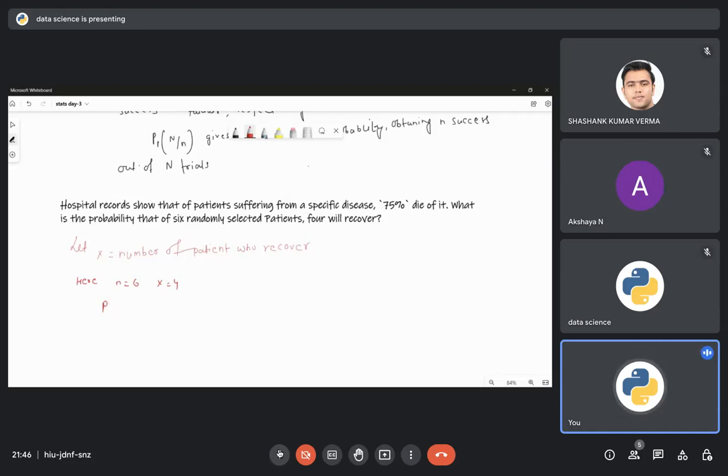So the probability of success, P, is equal to 0.25, right? 0.25, that is success, that is they live.